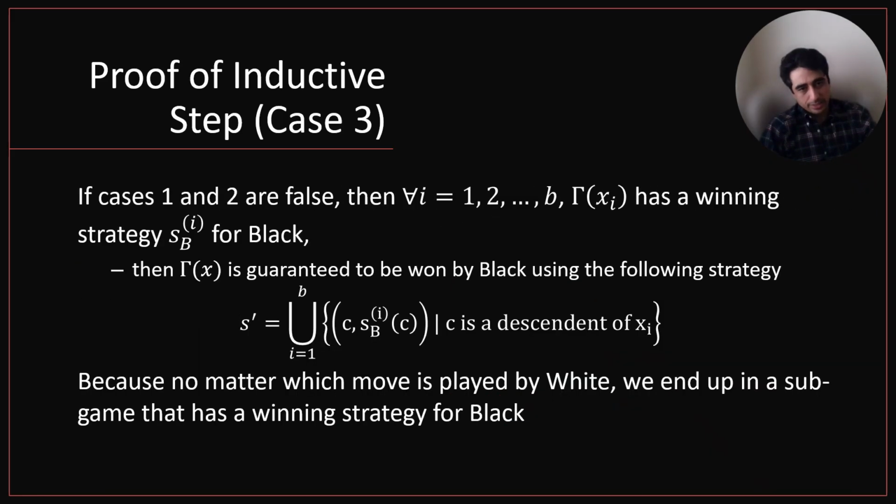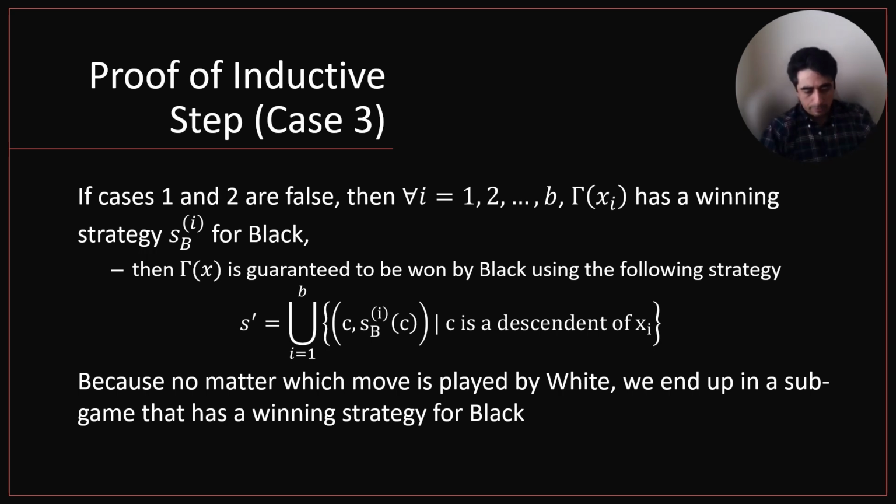The last case of the proof by induction in this theorem proof is when case 1 and 2 are both false. So if case 1 and 2 are both false, that means none of the children of x will have a winning strategy for white, or will have a pair of strategies guaranteeing a draw for both sides.